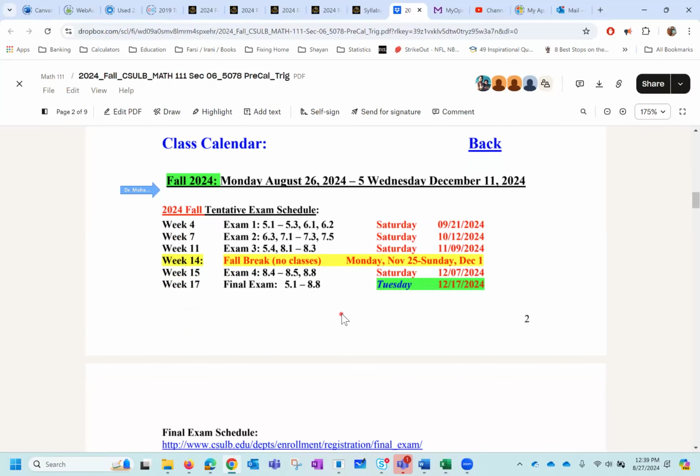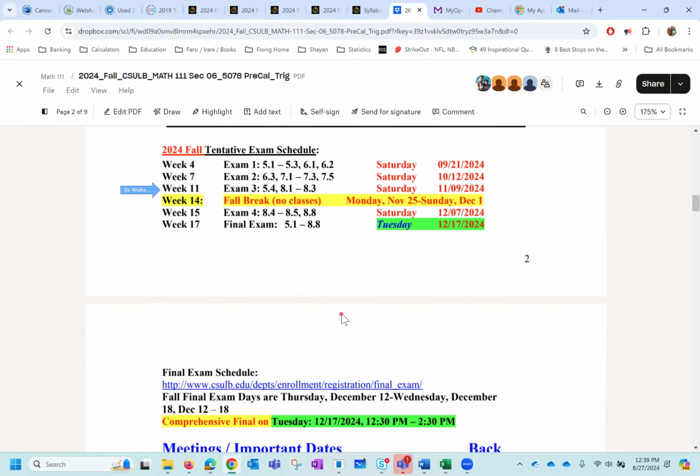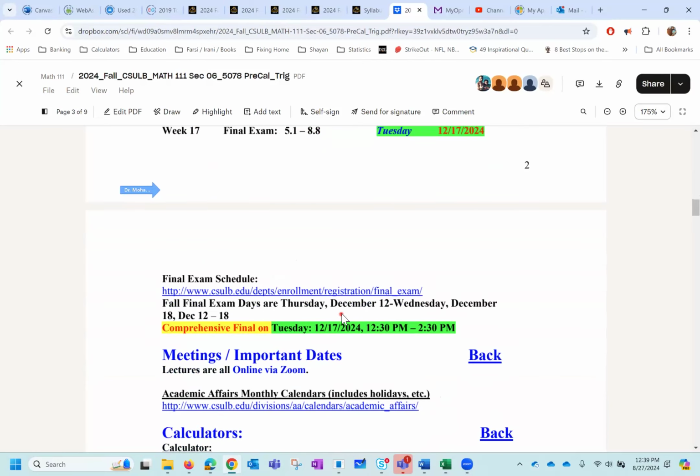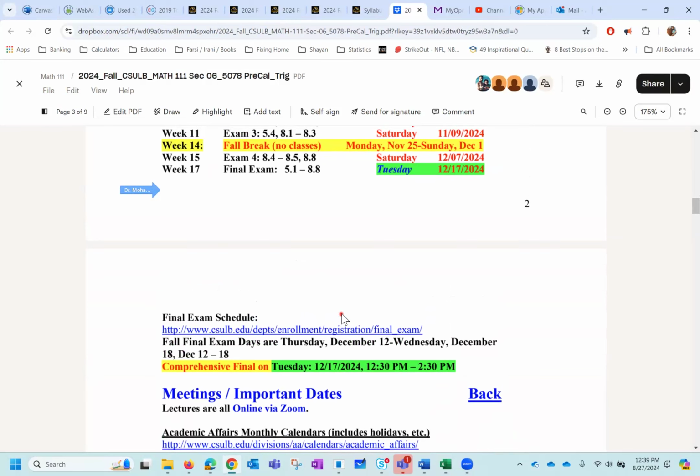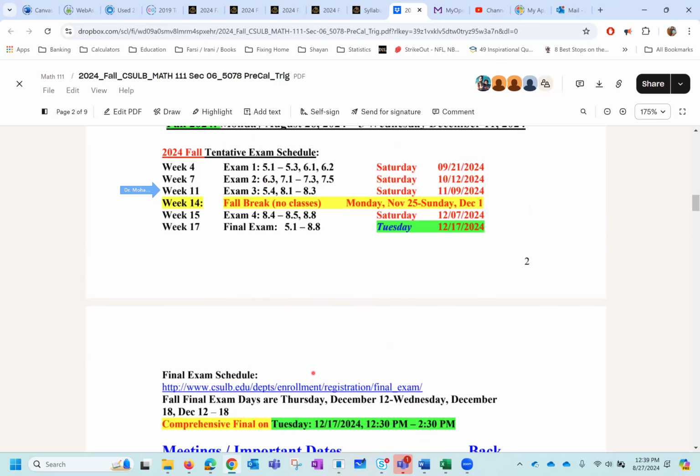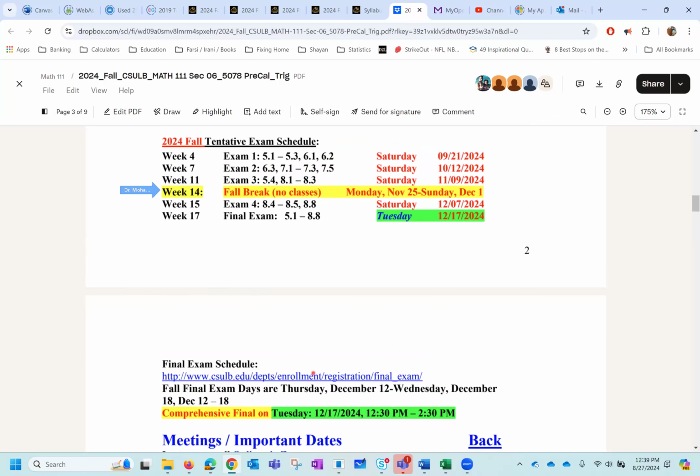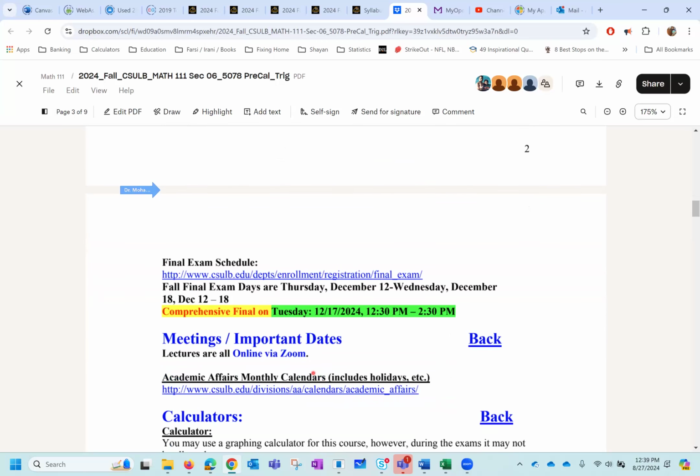You can take the exam anytime you want before a student. The only exam that doesn't follow that is the final. The final exam is comprehensive and the date is set up by the campus and we follow that. Everything else, the other 4 exams take place on Saturdays.